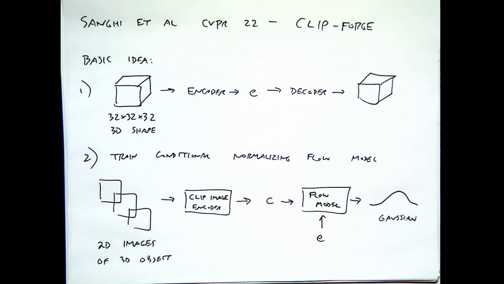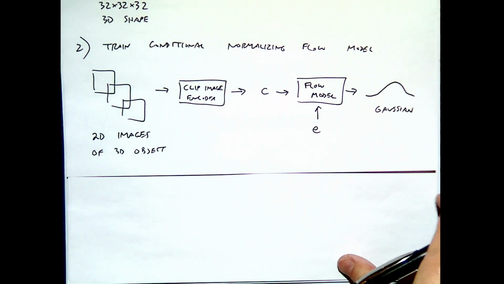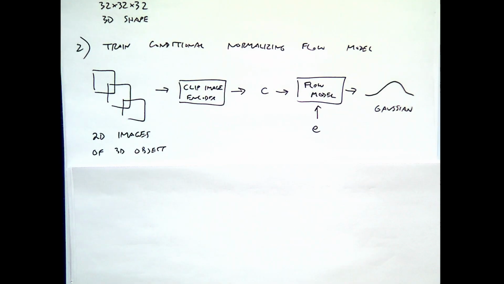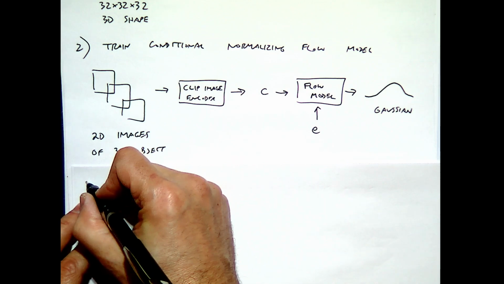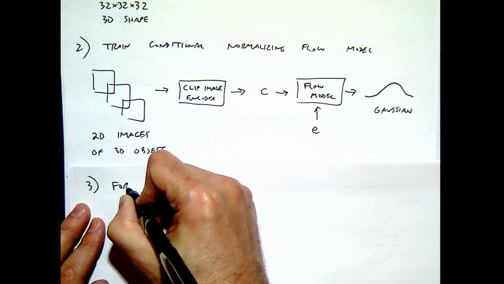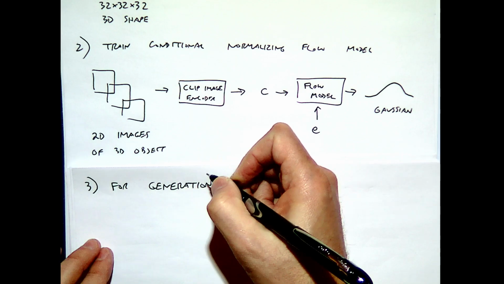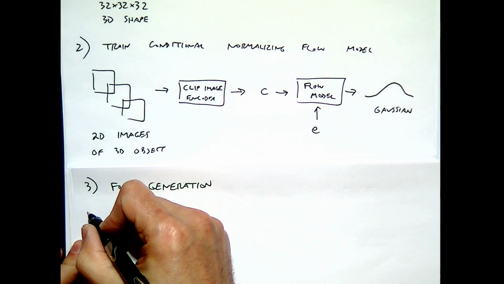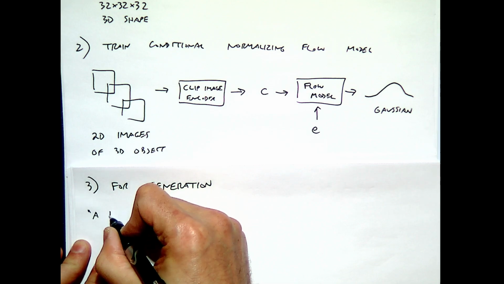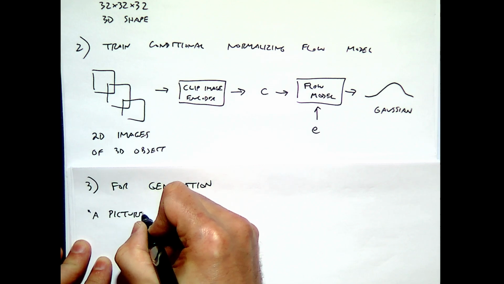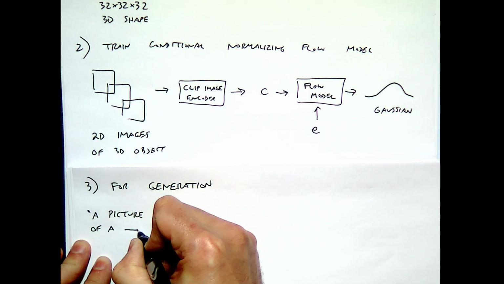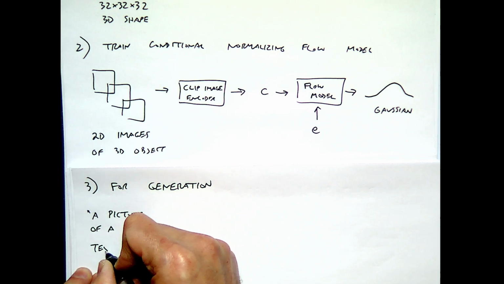So this is the forward part that takes the complicated distribution and turns it into a Gaussian. And then if I want to generate something, I go the other way and start with a Gaussian. So if I want to generate something, I have a text prompt, which is something like, a picture of a blank. This is my text prompt.